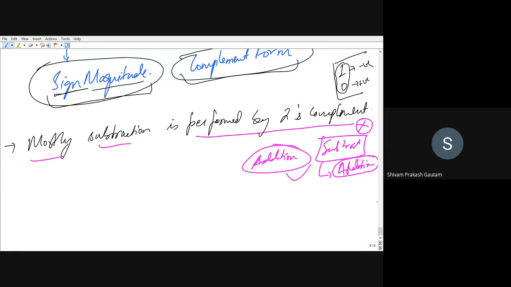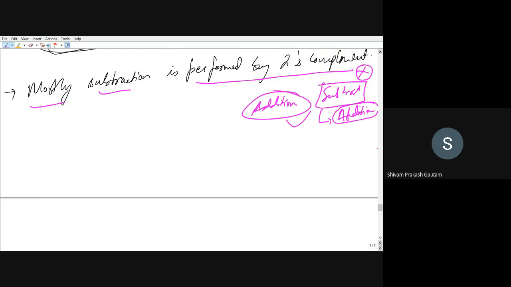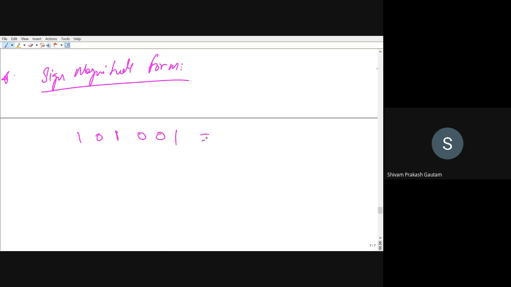Now we will see the sign magnitude form that we have started. Here, as I've told you, suppose we have a binary number. I have taken one binary number randomly, and it is equivalent to 41 in decimal, right?